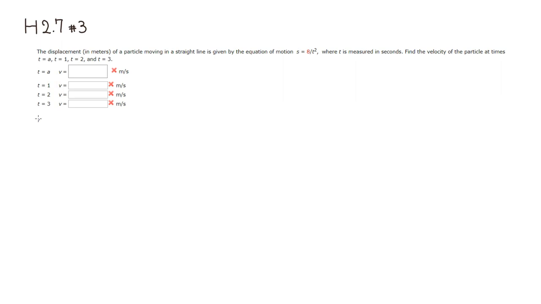So we want to take the derivative of s at a. Using the definition, it's going to be a limit as h approaches 0.